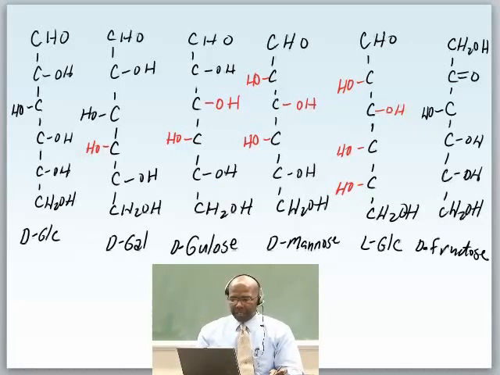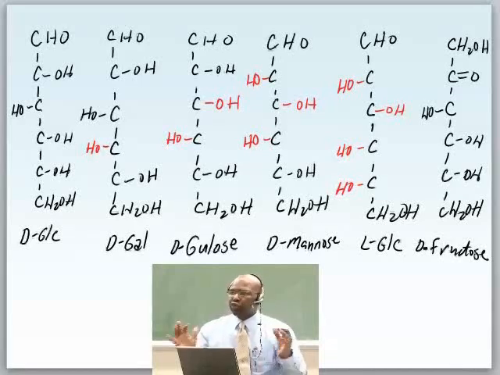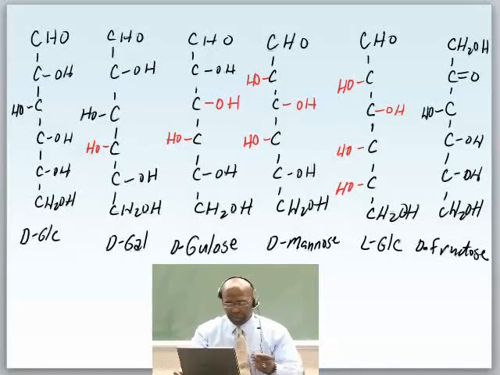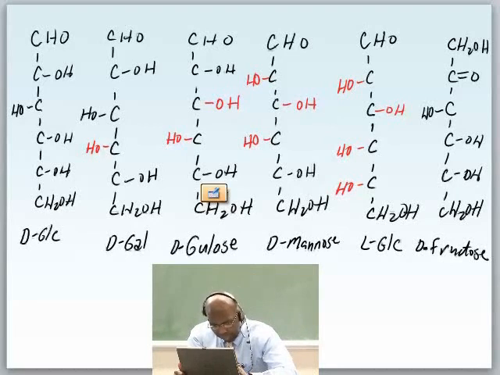Okay. Now I'm going to explain to you why we've done all of this. All of these molecules, because they all have 6 carbons, 12 hydrogens, and 6 oxygens, are all structural isomers of one another.